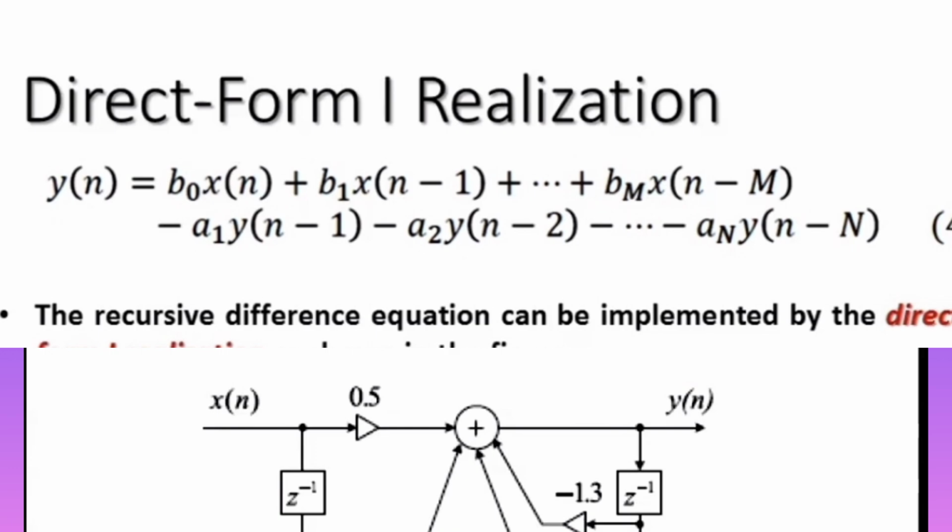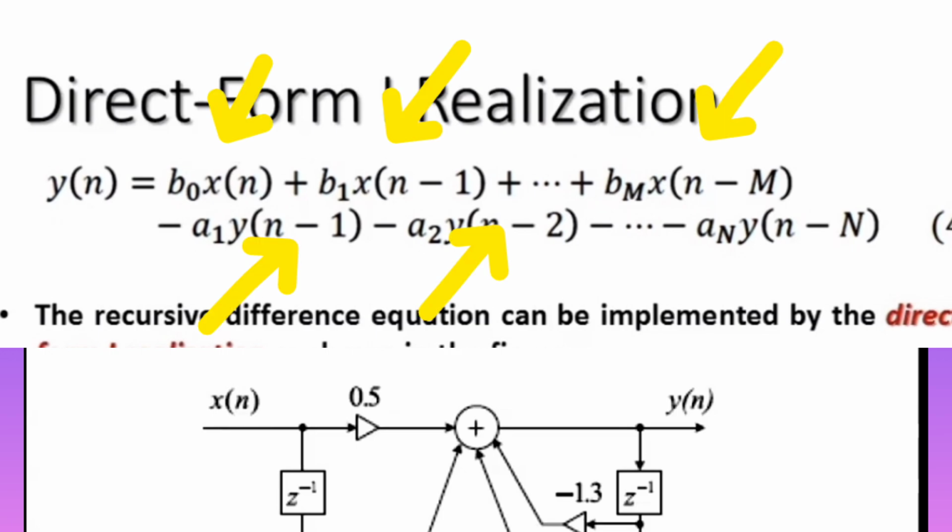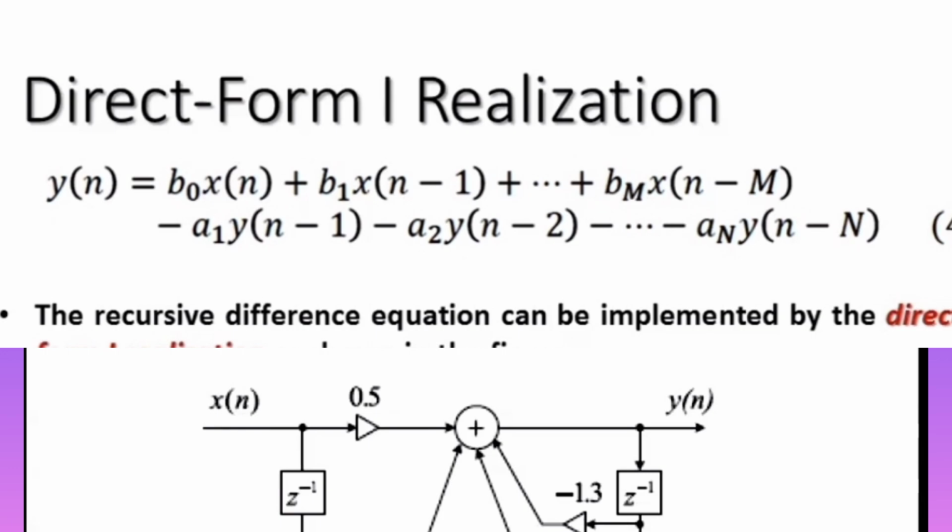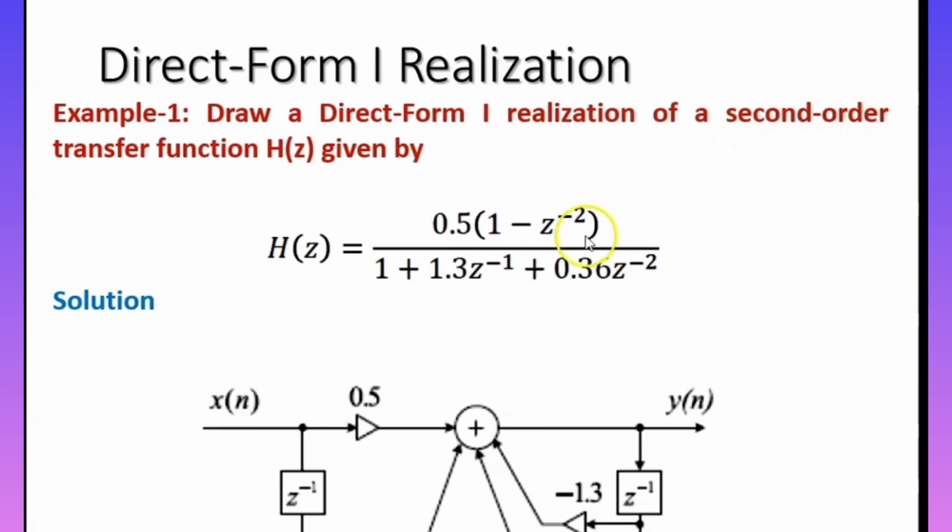With m and n equal to 2, you require 4 additions, and you can see I have 5 multiplication coefficients. Whenever more than 2 or 3 delays are required, this particular implementation is very sensitive to finite word length effects.